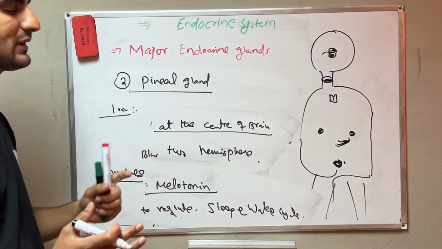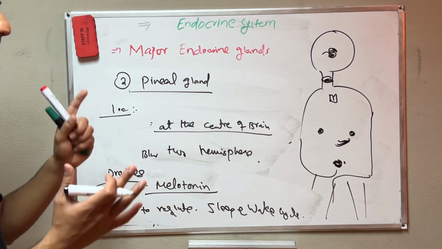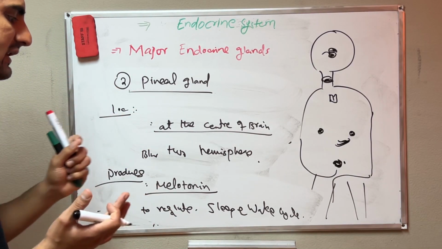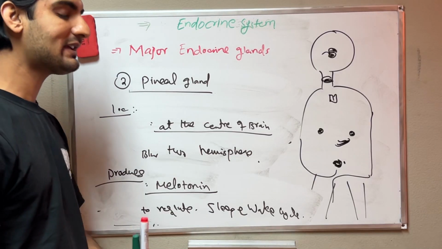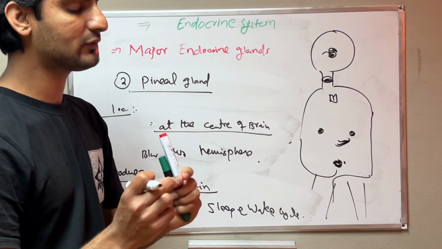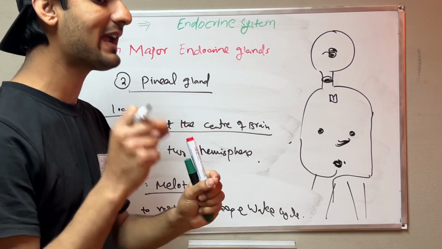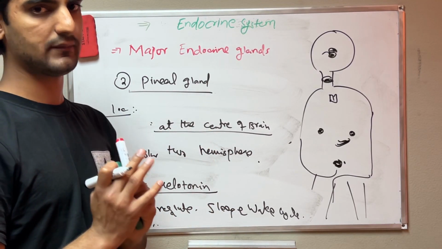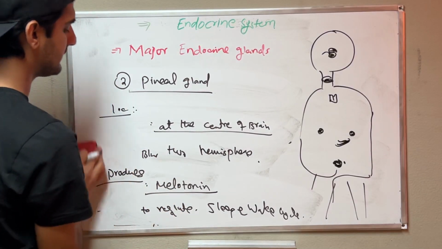Okay, this is about the pineal gland, its location and the hormone it produces. This is melatonin. And at the start I told you that the endocrine system is made of glands which release hormones directly into the bloodstream. Remember, don't forget.